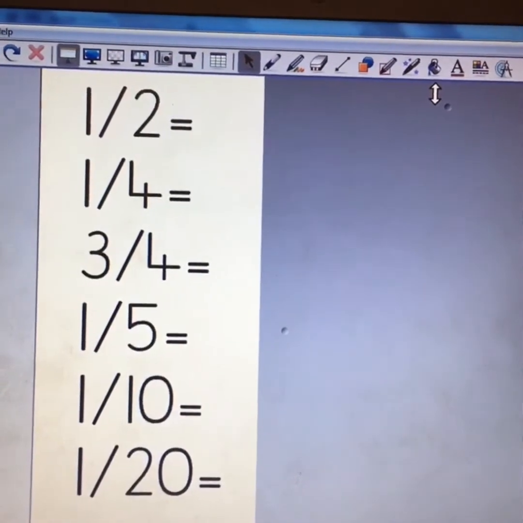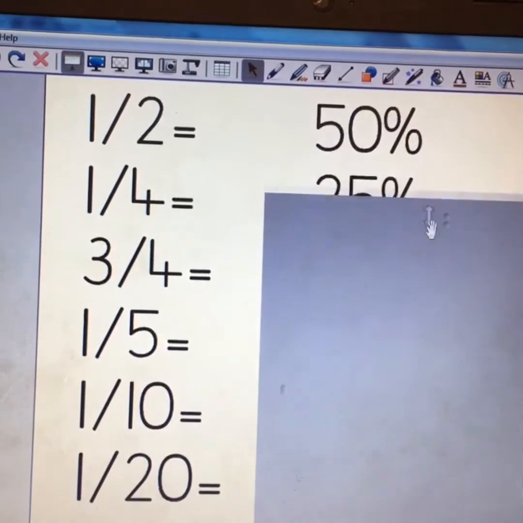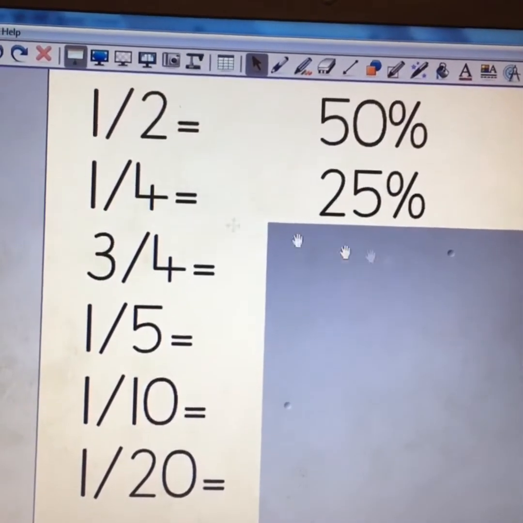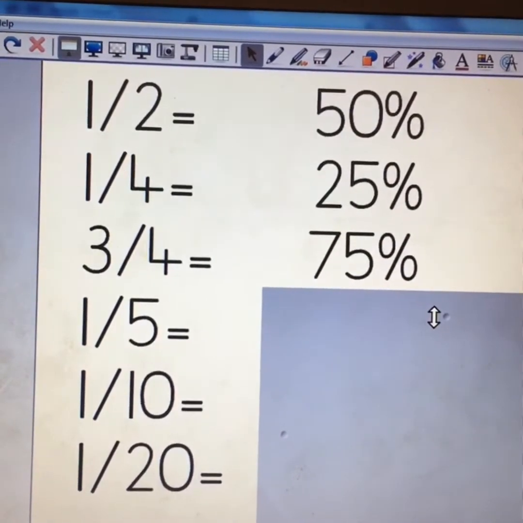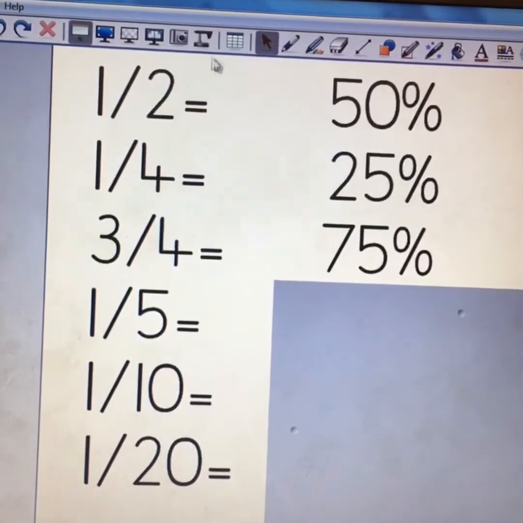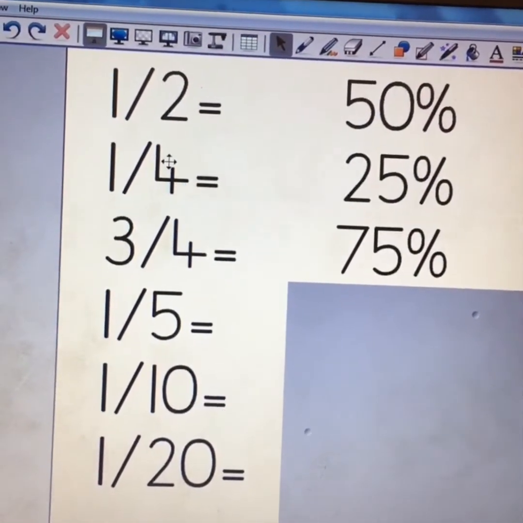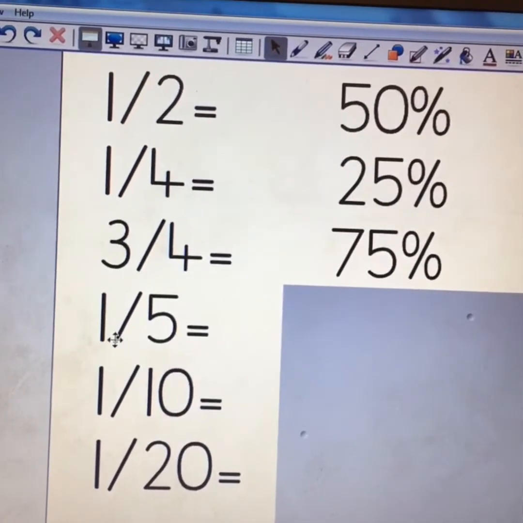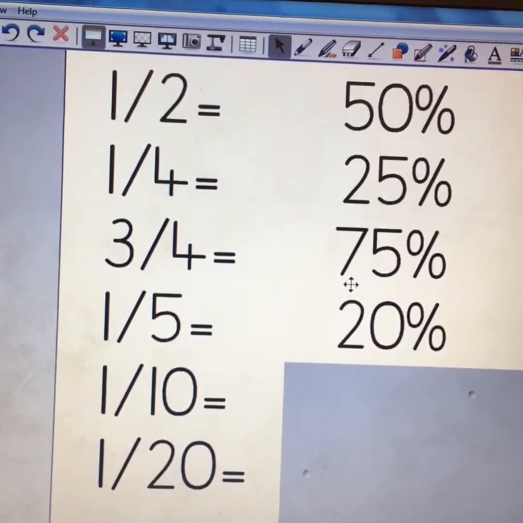So 1/2 is the same as 50%. A quarter, 25%. If 1/4 is 25%, 3/4 is 75%. To work these out, you did half of 100, you did 100 divided by 2. To work out a quarter of 100, you divide by 4. To work out a fifth, we do 100 divided by 5, which would be 20%.